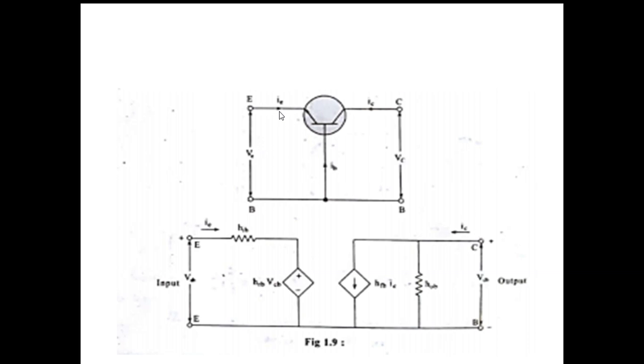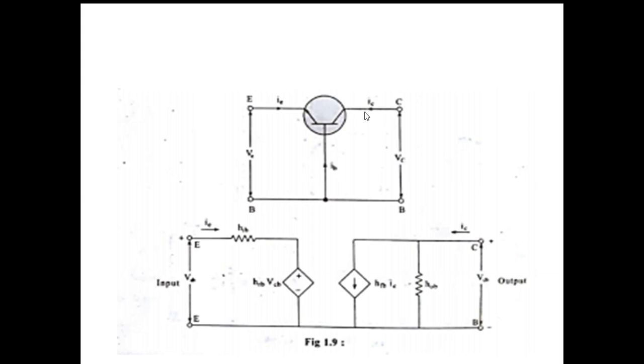Is it clear? In a similar way, by applying this voltage, the input current IE is flowing through the input terminal, that is the emitter. With this input current, an amount of current flows through the output terminal, that is the collector.